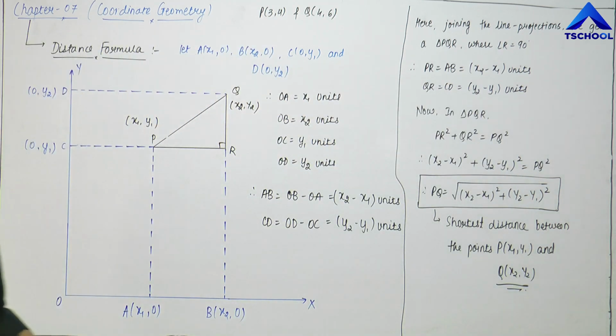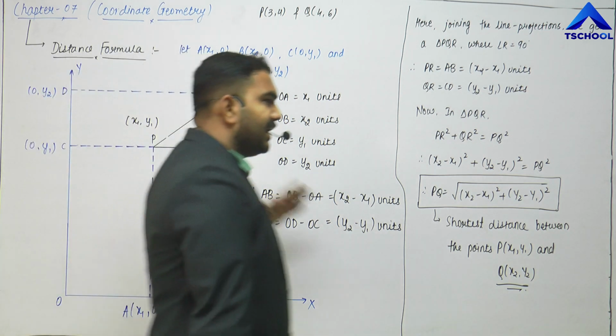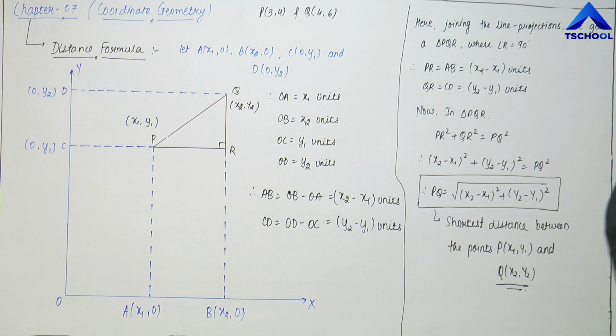And this formula written inside the box is actually the distance formula of two points P(x1, y1) and Q(x2, y2). Is it clear, friends? This derivation that I have done here is somewhat different from the one given in the book, right?